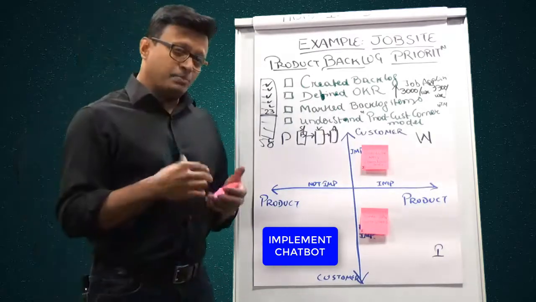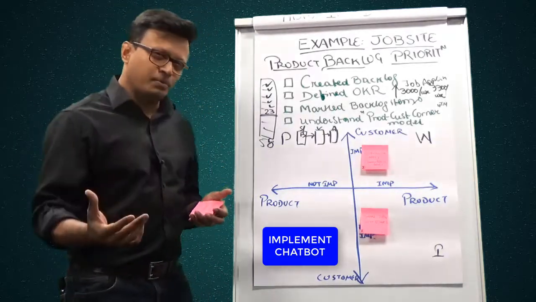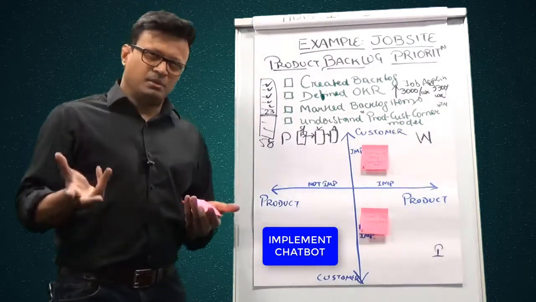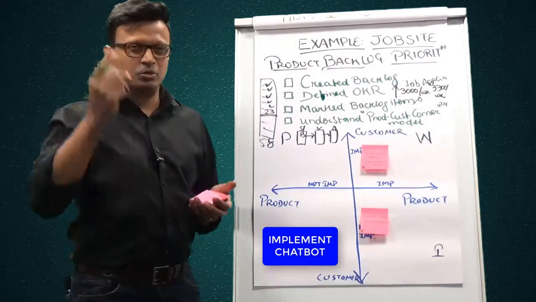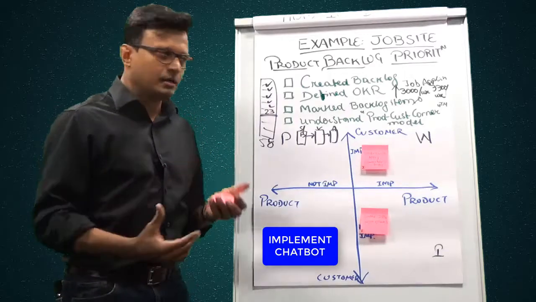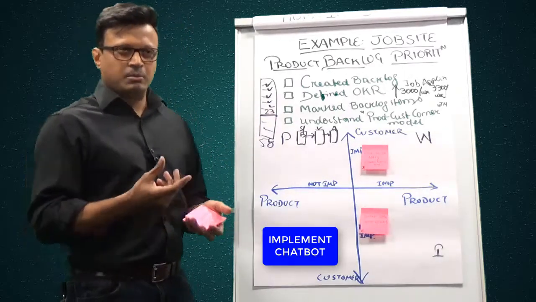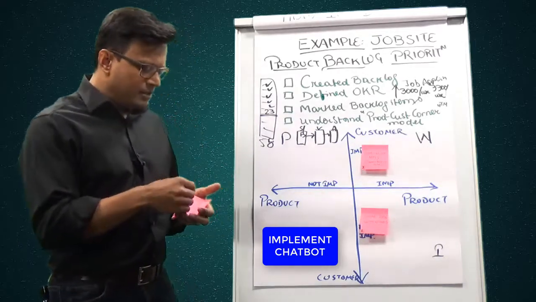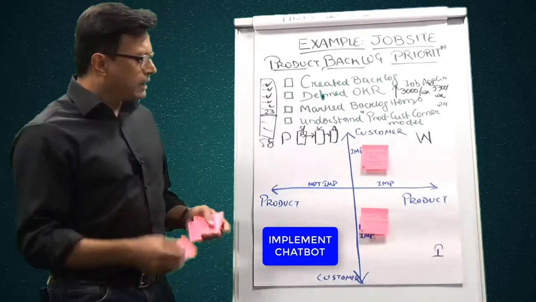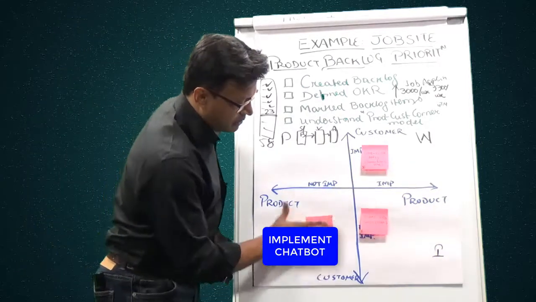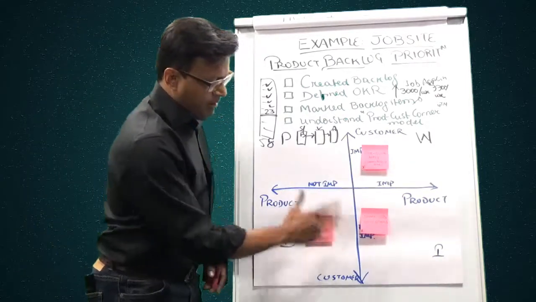Because as a product manager, that's not in the vision of the product to take it to that level, and nobody in the customer feedback or anywhere else in the survey has asked that they struggle to understand what the job is and they need help, and somebody available in the chat can help with that. So it doesn't seem like it's either important for the product or the customer. So I'll put it in the distractor area, which is here, not important for the product and not important for the customer.